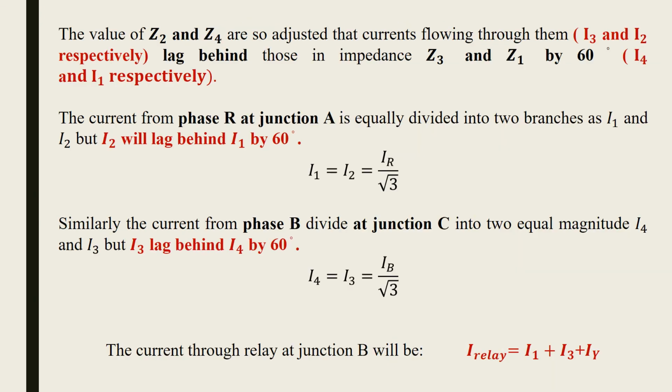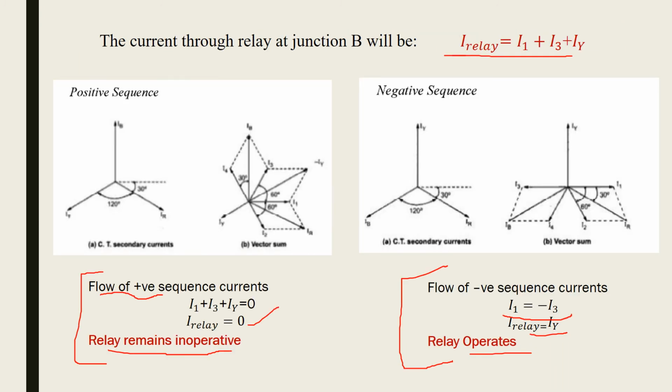The current through the relay at junction B was already discussed. It will be a sum of I1, I3 and IY. When positive sequence current flows, or in the case of normal operation where no negative sequence component is flowing, the relay current will be equal to 0.